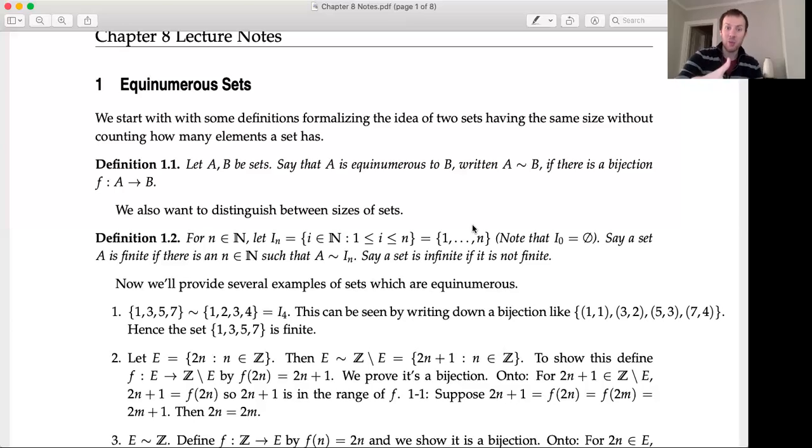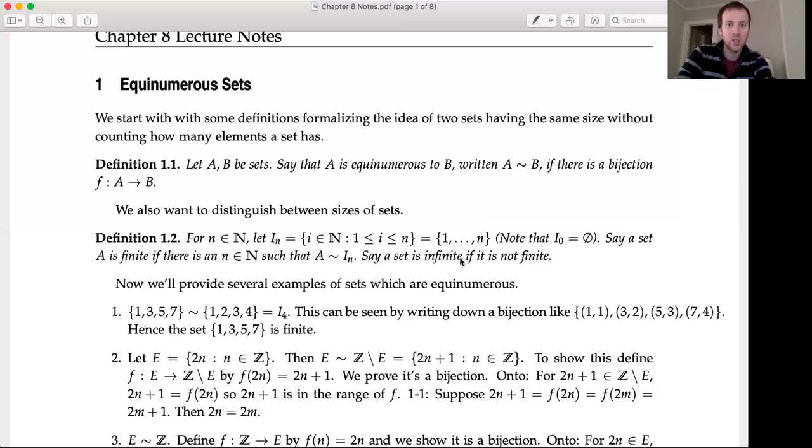Putting it in that way, saying for any n, you can try any function you want from any one of these to your set, and it's not going to be a bijection, that's actually a really complicated statement and not at all clear how you would prove that.